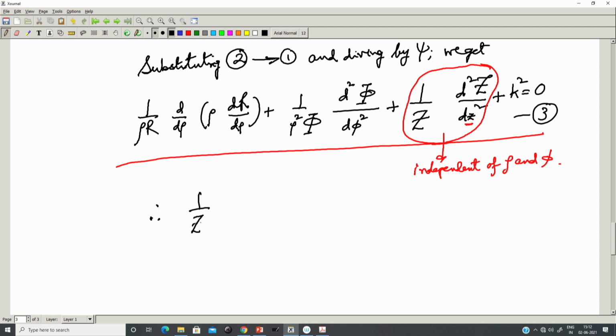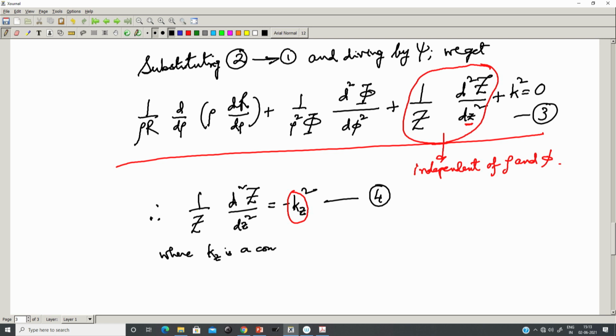So, therefore, we can write 1 by Z d square Z d z square as minus kz square. This is 4, where kz is a constant.